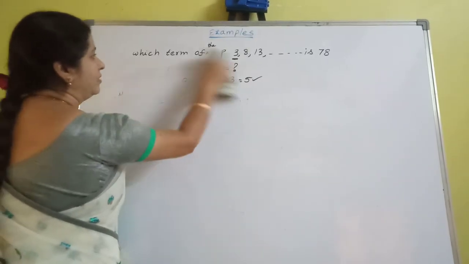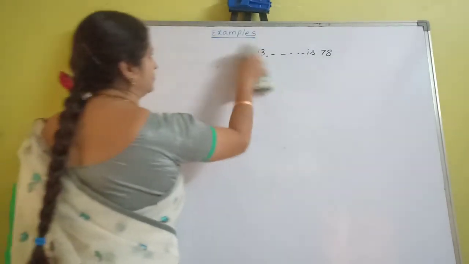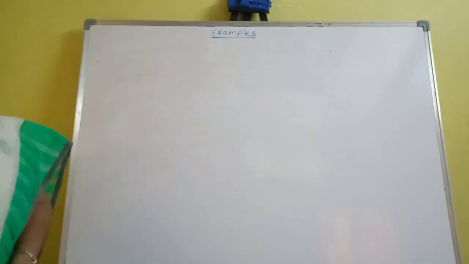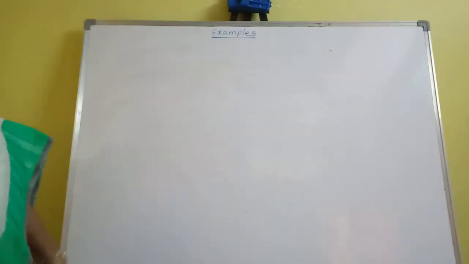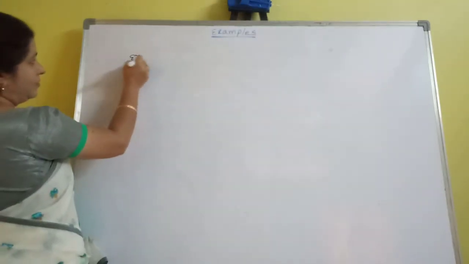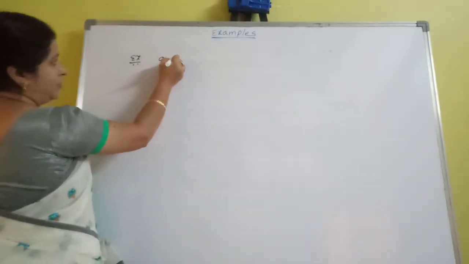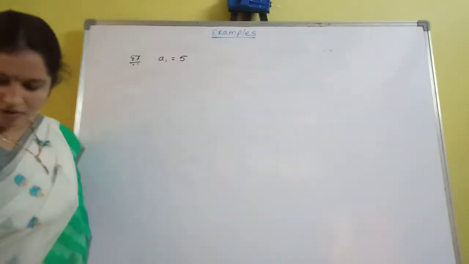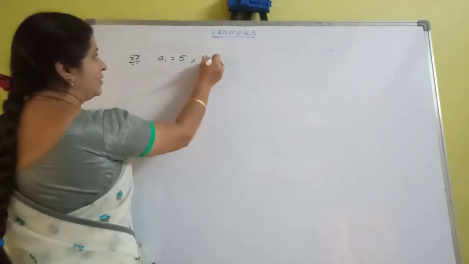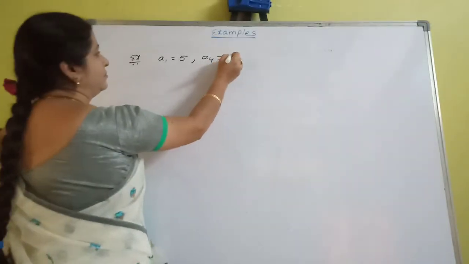Another example. Find the, if given A1 value equal to 5, and A4 value is 9 1 by 2.